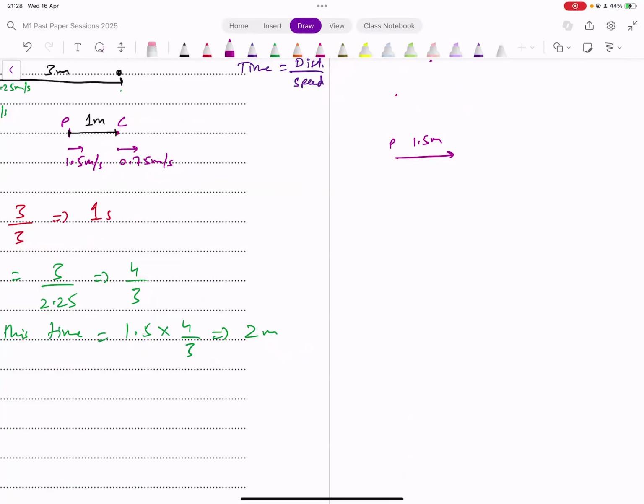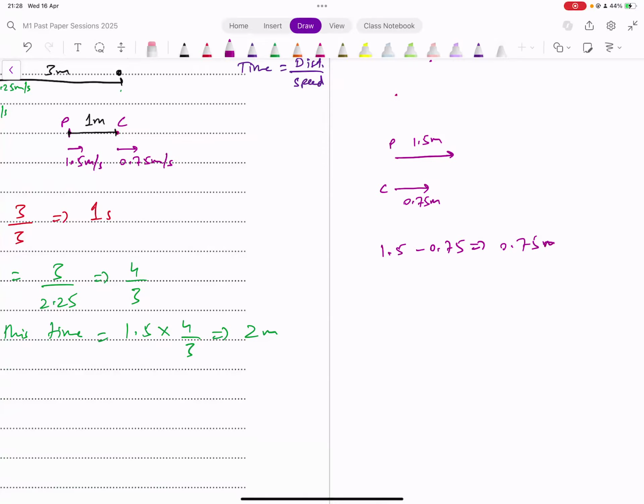And C moves to the right by 0.75 meters. What happens to the distance between them? P is traveling 1.5 meters, C is traveling at 0.75 meters. The distance between them reduces by the difference between them, 1.5 minus 0.75, and that's 0.75.